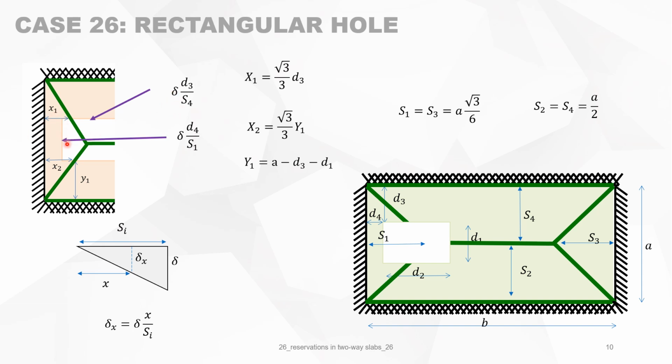The same happens for this piece of slab. There it's 0, here it's delta, so at the distance d4, the deflection is delta d4 divided by s1. And of course, the same happens here for y1.